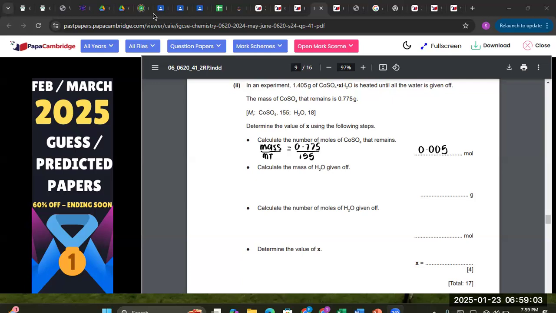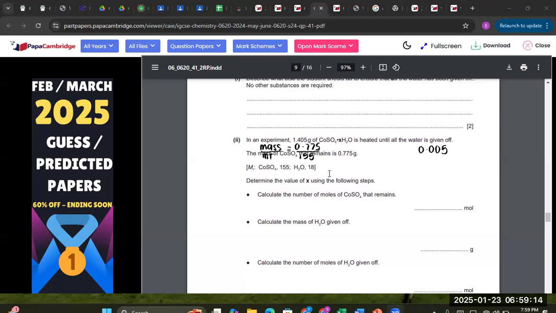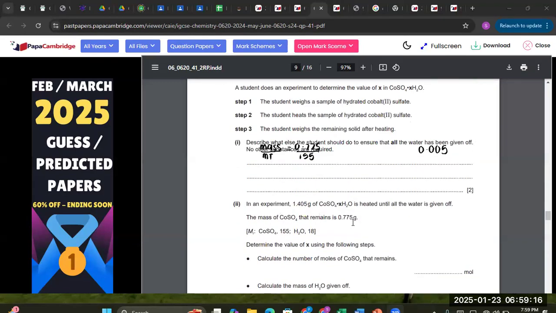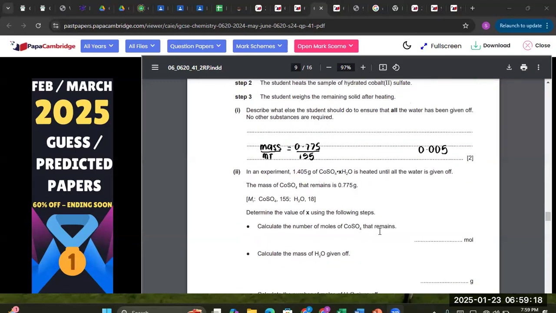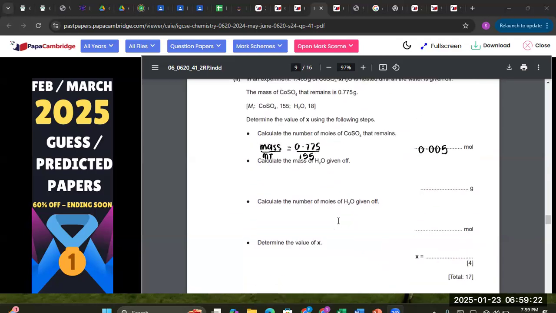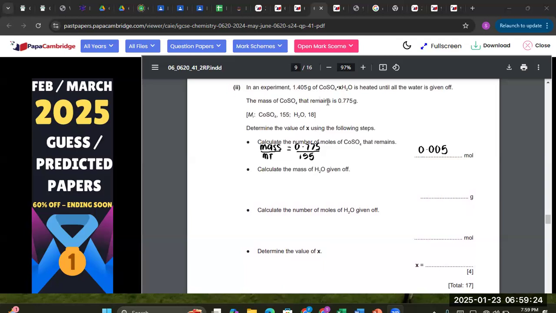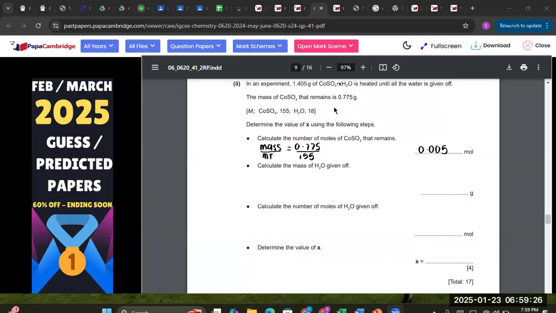So you have to calculate the second one, calculate the mass of water given off. So you have the number of moles of copper sulfate that remain. Maybe check again. Maybe the first line was missing. That's why I couldn't figure it out.